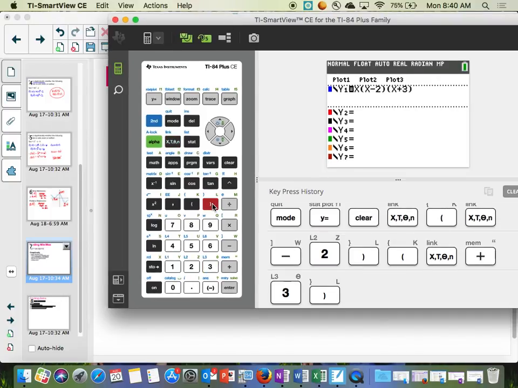Okay, so here it is, the X button. It says X, T, theta, n. Anytime you press it, it'll give you an X. Parentheses are right here above 8 and 9. And if you hit the graph button, it'll give you the graph.